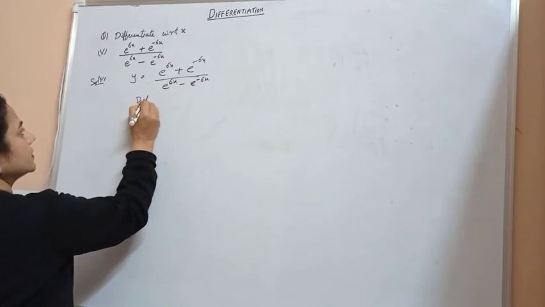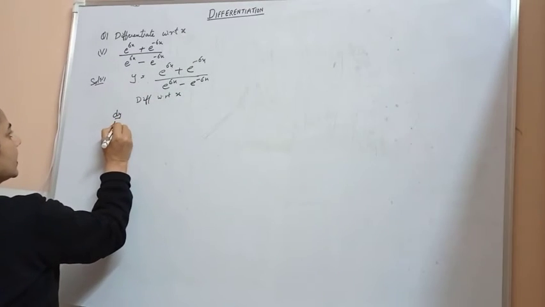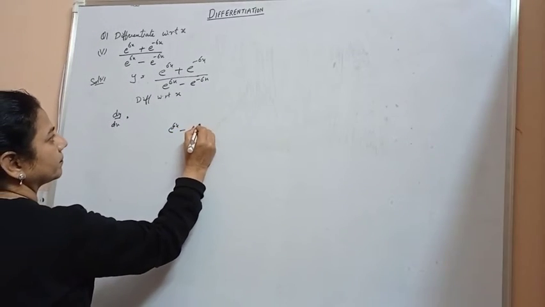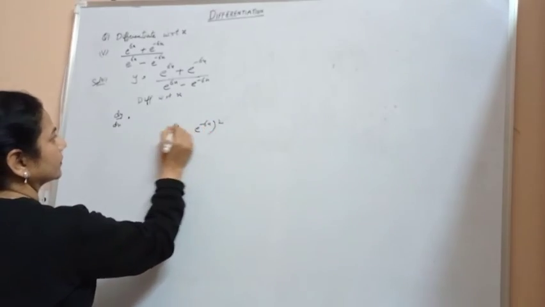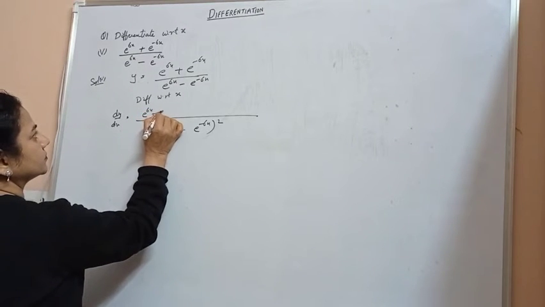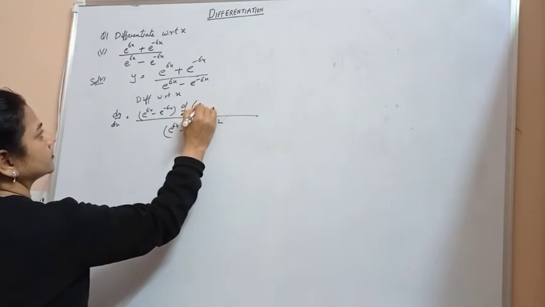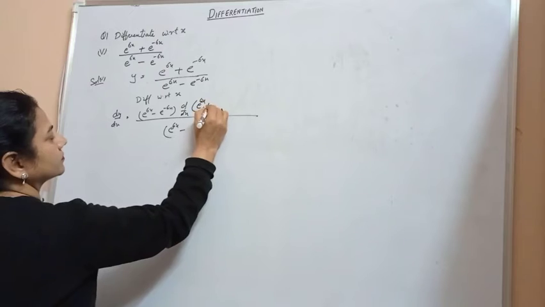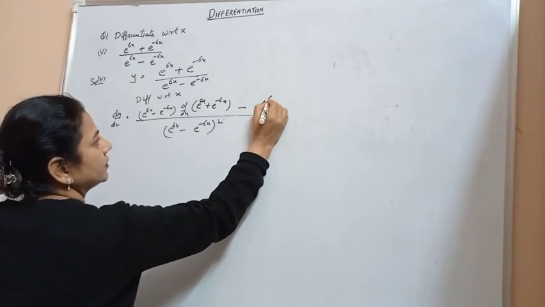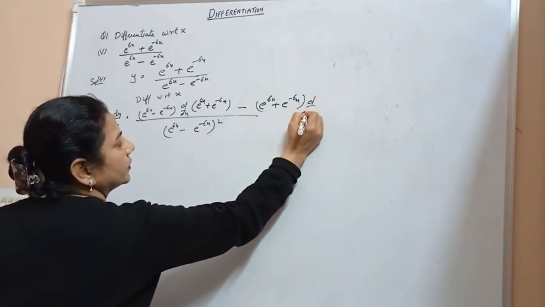Differentiate with respect to x, we get dy by dx as, applying the quotient rule, denominator square is denominator into derivative of numerator minus numerator into derivative of denominator.